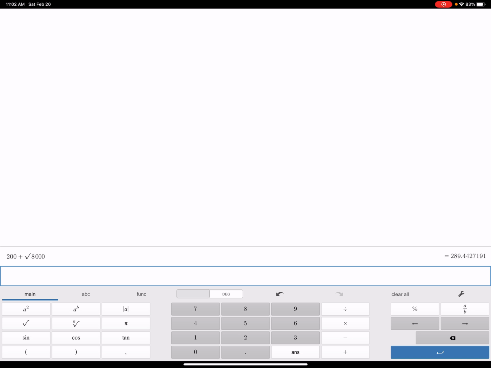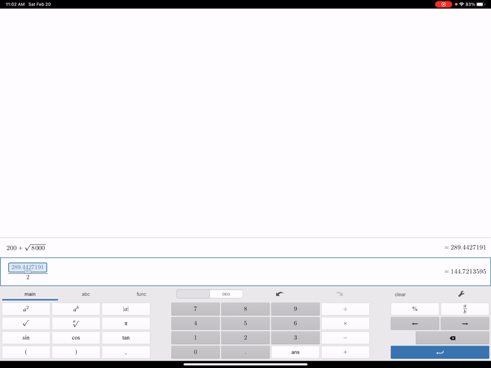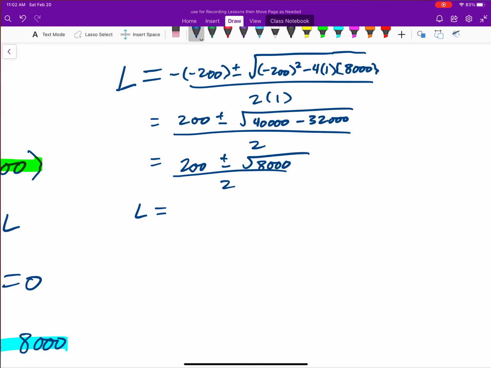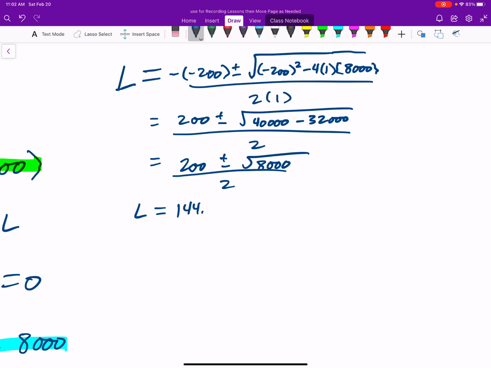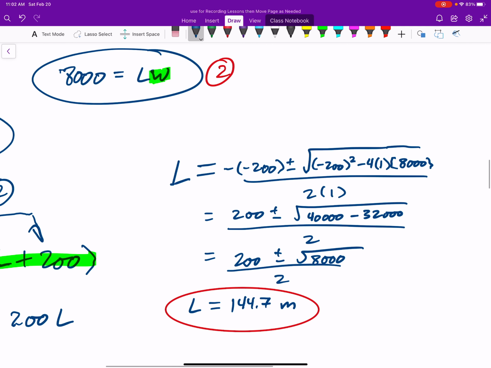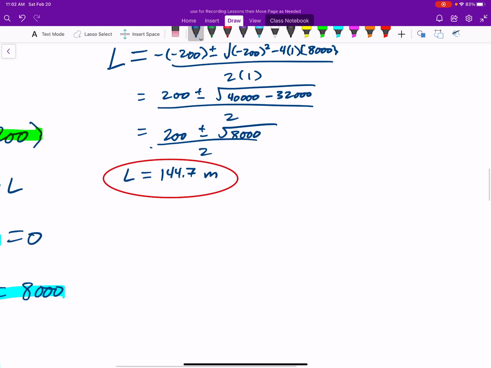And then I take that answer and divide it by 2. And I got 144.7 meters. If I do the negative one, since that's positive, I'm going to go ahead and guess that that's my only answer. I'm going to assume that if I subtract, I'm going to end up with a negative answer, but let's just confirm that for the sake of doing our due diligence.